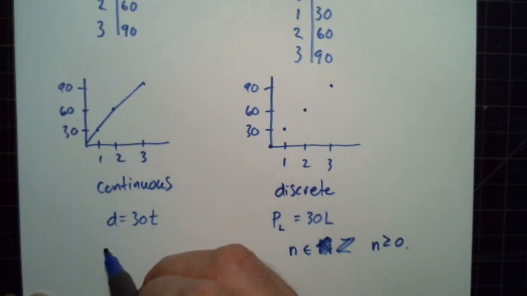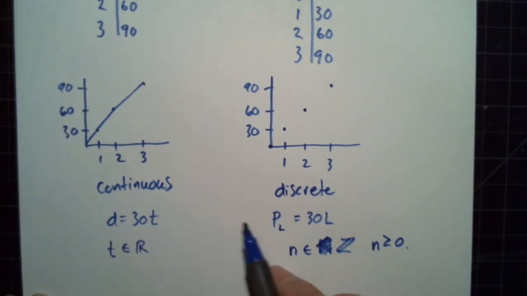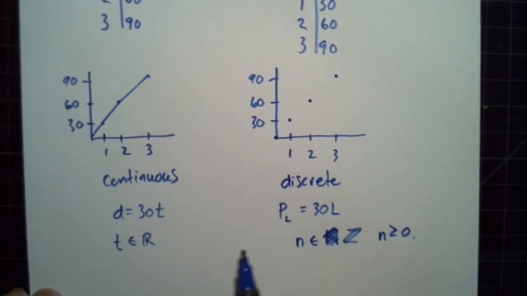Over here we can say that t is a real number. So with continuous data we have t being a real number, having all the decimals and fractions.